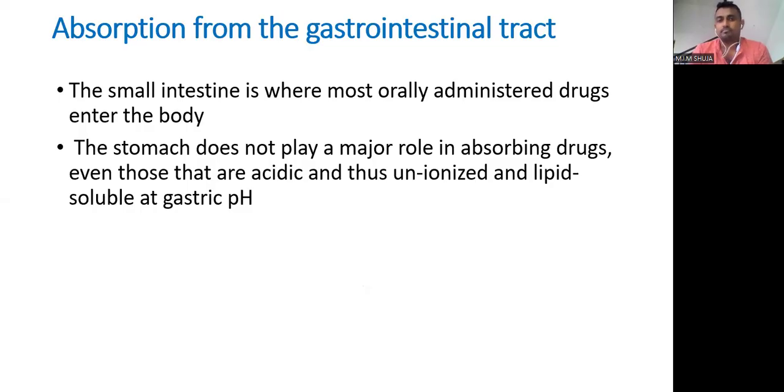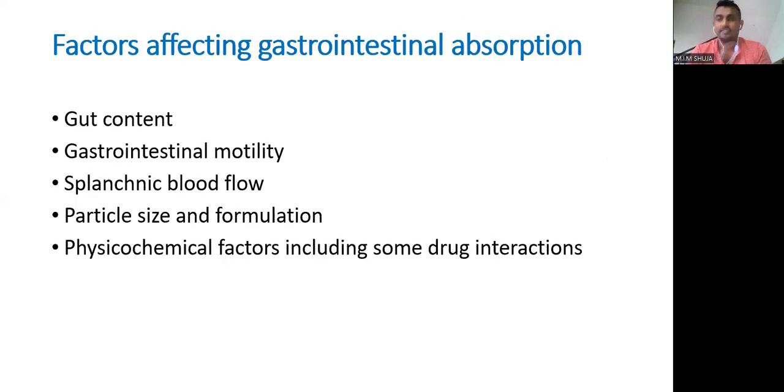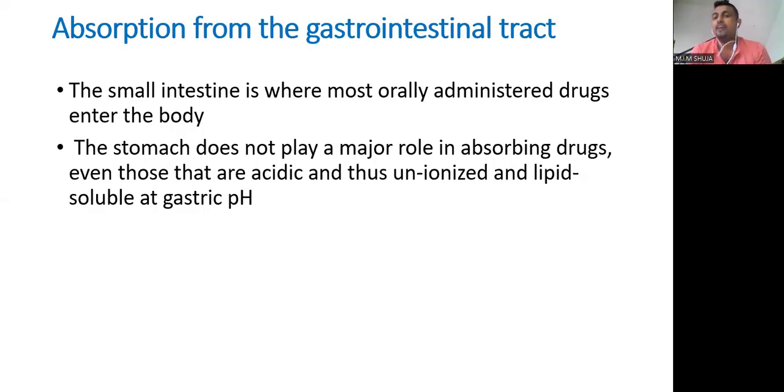Even though the stomach is acidic, the weak acid drugs which are non-ionized in the acidic pH and lipid soluble, according to the theoretical knowledge, should traverse easily through the stomach, but it is not happening the way we think. Okay.